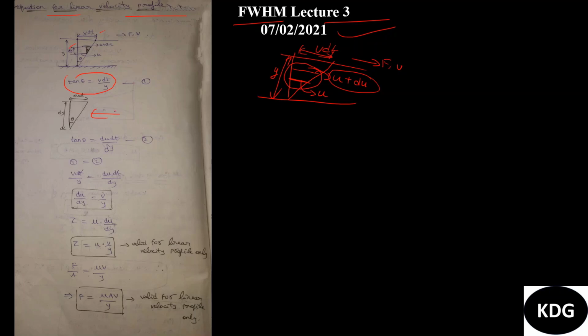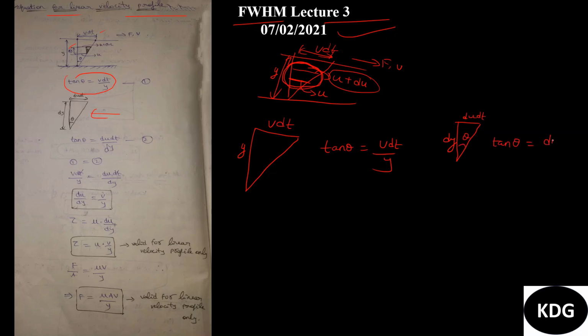For the complete profile, here it is v dt velocity and the distance is y, so tan theta will be v dt by y. But if you consider a small area in that velocity profile, it will be dy and du dt, so tan theta will be du dt by dy.